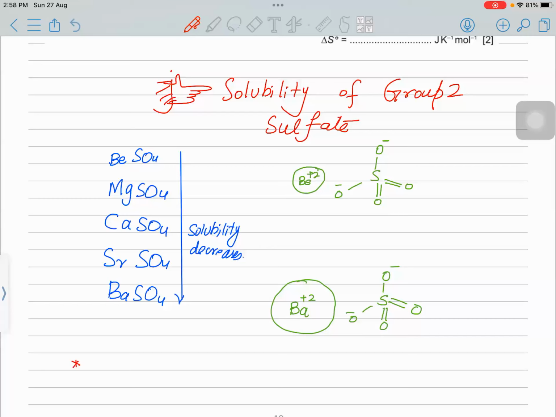So point number 1, lattice energy decreases as size increases. Decreases means less exothermic, less negative.